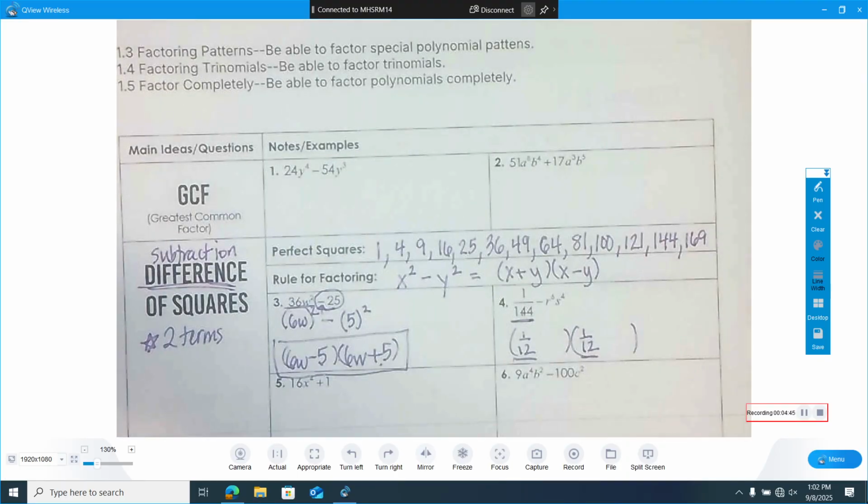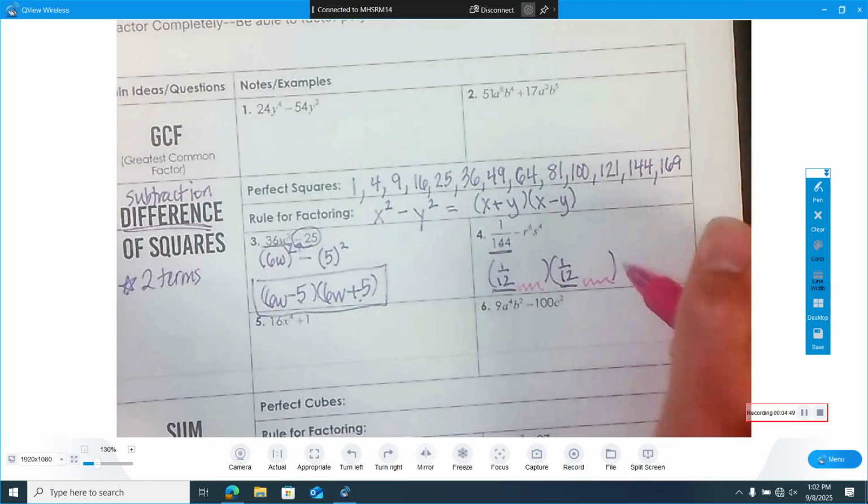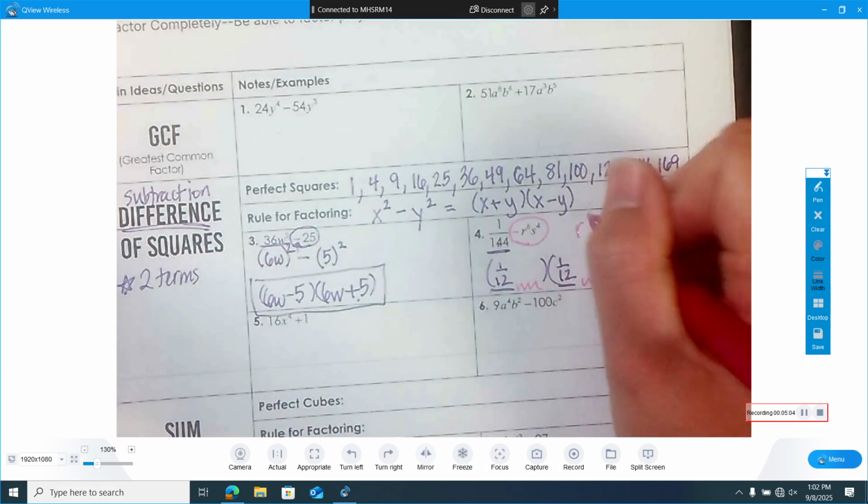And then I have to say, last times last has to give me the last thing here. What times what is going to give me r to the 6th, s to the 4th? Is it r squared times, like r squared s squared?